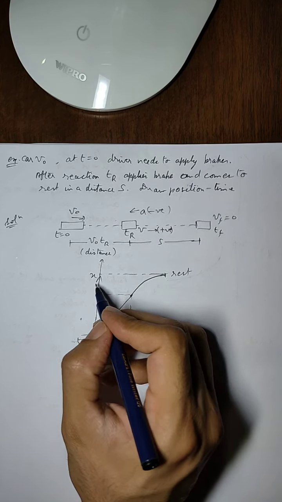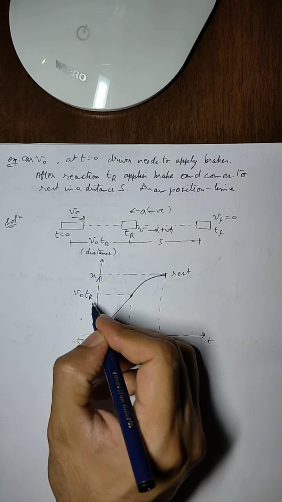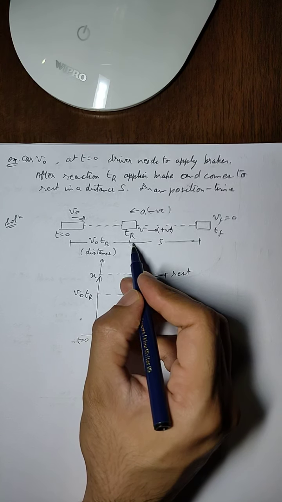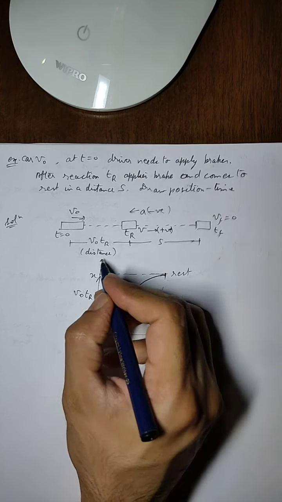So on the timeline this is tf. Now the displacement traveled from here to here is v0 tr, so this value will be v0 tr, and then he took s distance more, so this value will be v0 tr plus s.